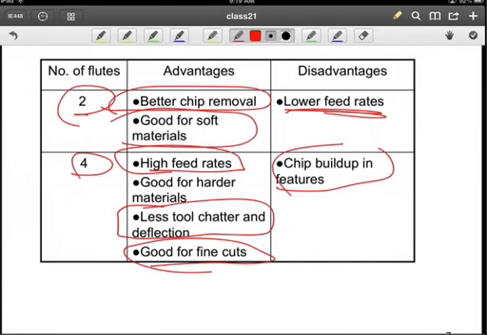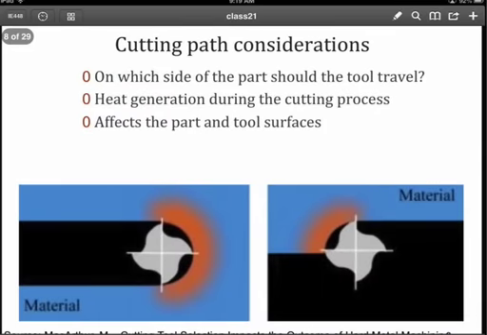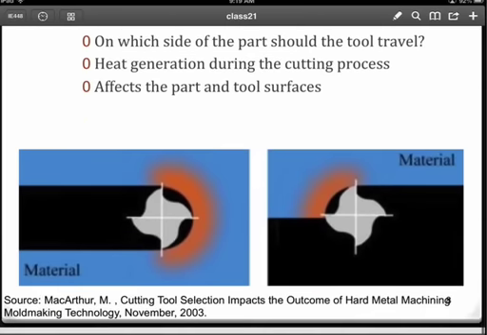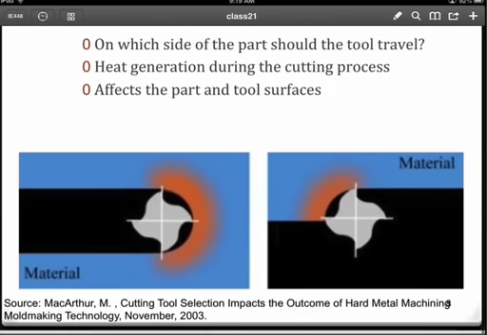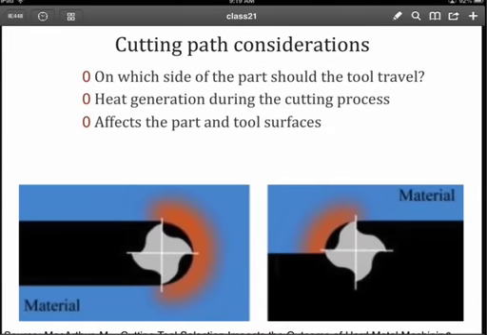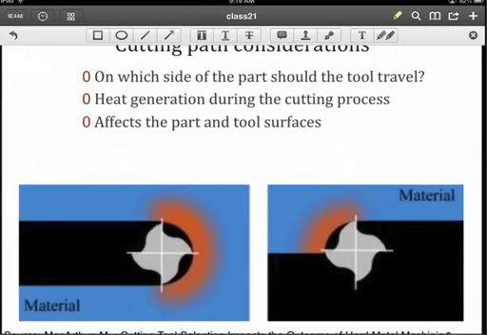So selecting the proper tool with the right number of flutes will depend upon the nature of the materials and the machining parameters. The other thing you might want to consider here, and this is from an article by MacArthur in Mold Making Technology, is that when the tool comes in contact with the material, there's also the potential for heat generation.